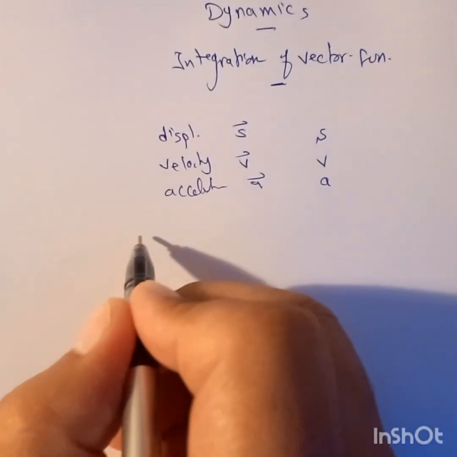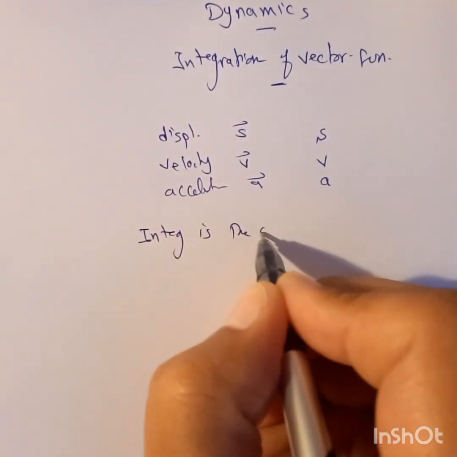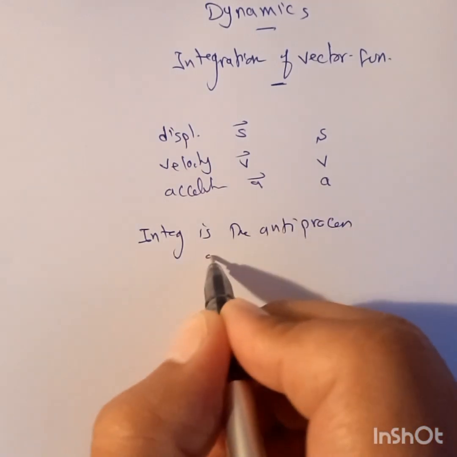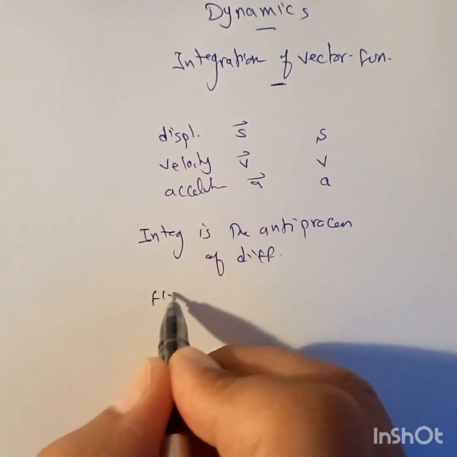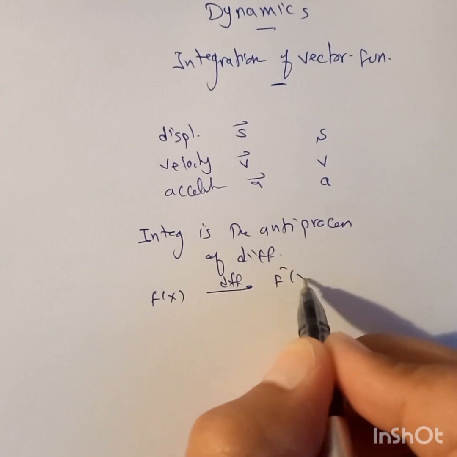Here we have integration, which is the anti-process of differentiation. If we have f of x, by differentiation we will find f dash of x.